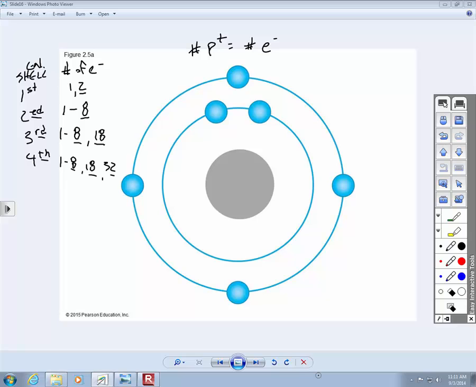You have a 2, and then you have a 4. That's what is referred to as the electron configuration. The 2 is the number of electrons in the first energy shell. The 4 represents the number of electrons in the second energy shell. So on a periodic table, they tell you exactly how many electrons you have in each shell. It's just written right there for you.